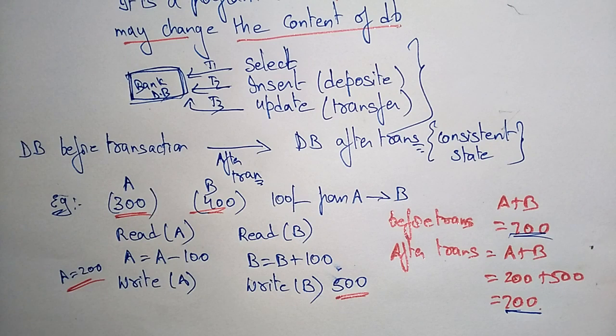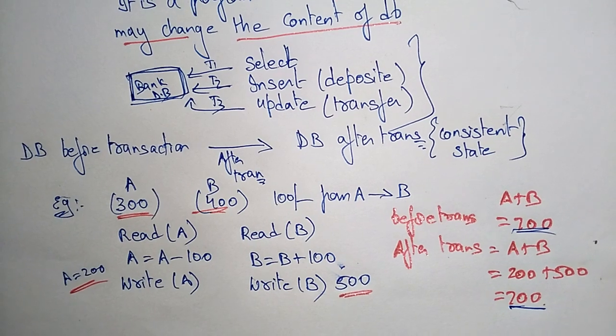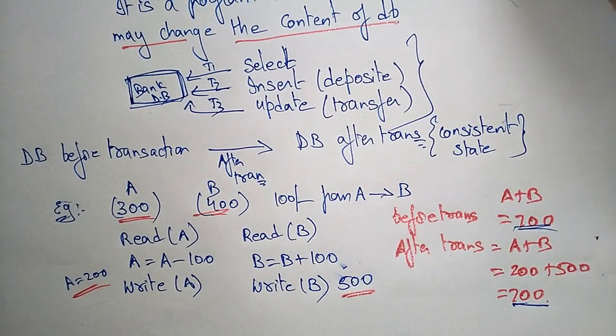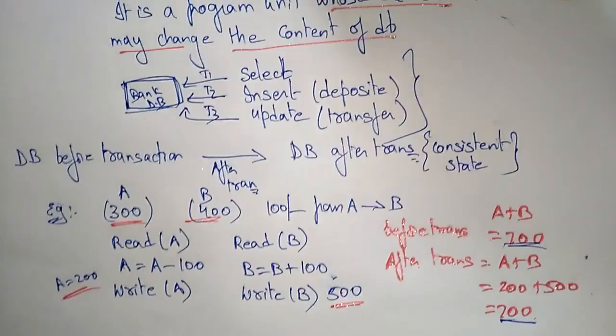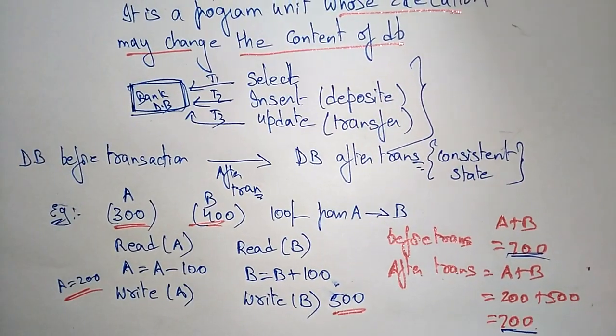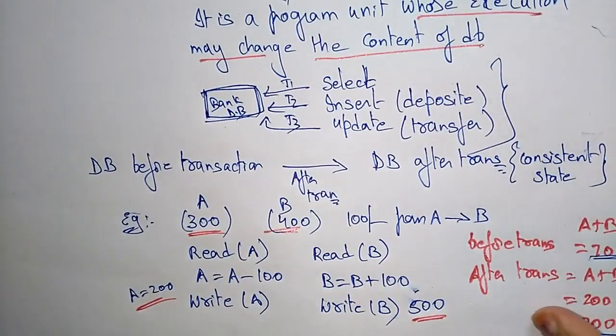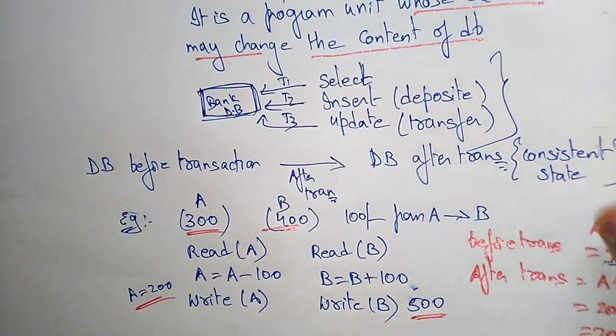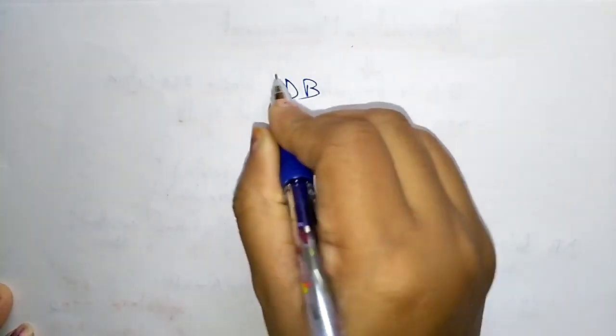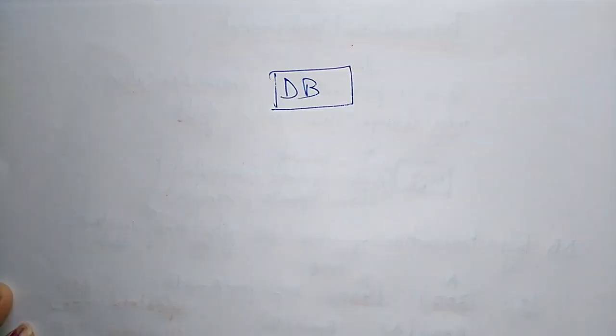To make the database into a consistent state, we will use some properties on transaction. Whatever database you have created is always in a consistent state, it is in correct state.